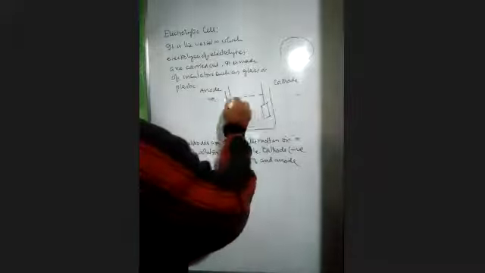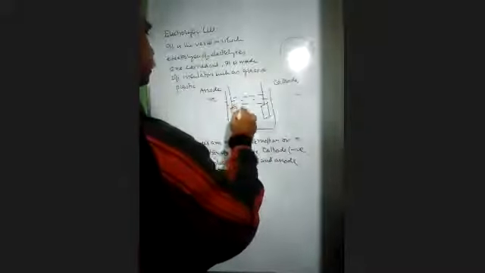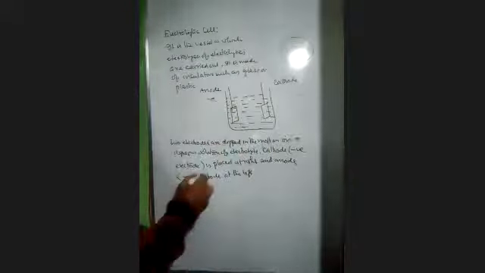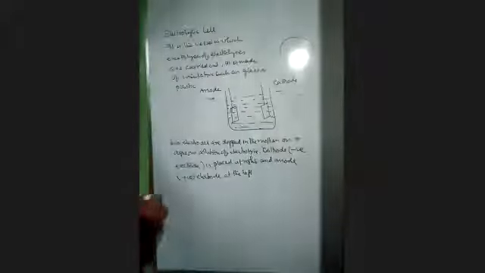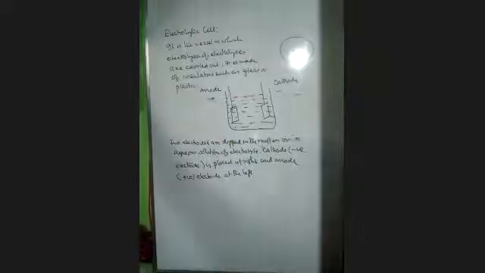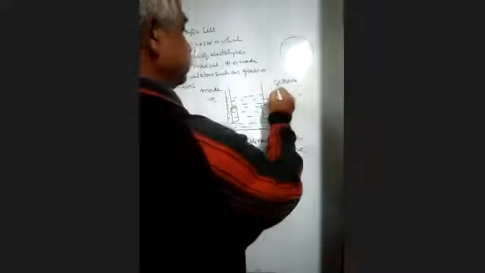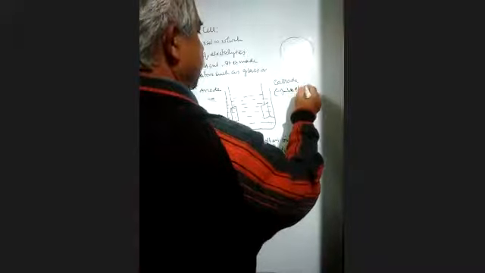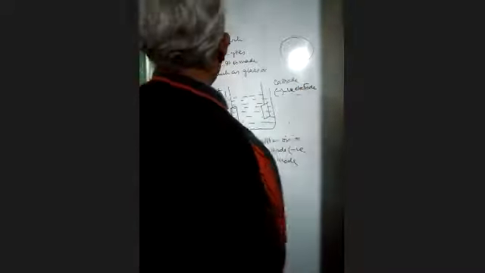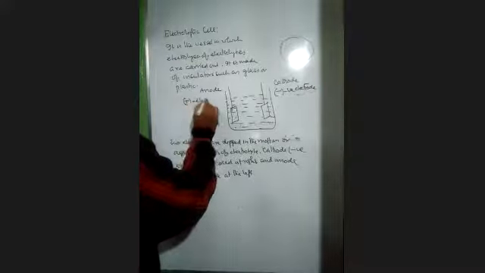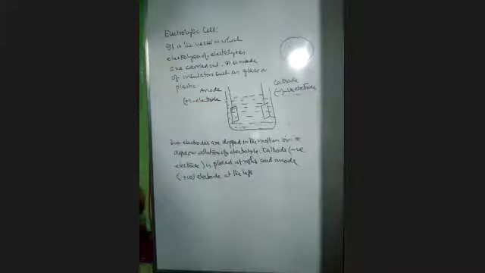See, this is the electrolyte. Why do you call it cathode? Because cations go to this electrode. Ions will always go to the oppositely charged electrode. So if the cations go, it has to be the negative electrode, and this is the positive electrode.